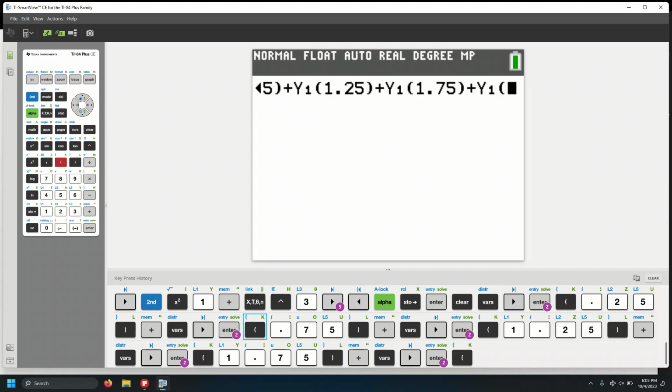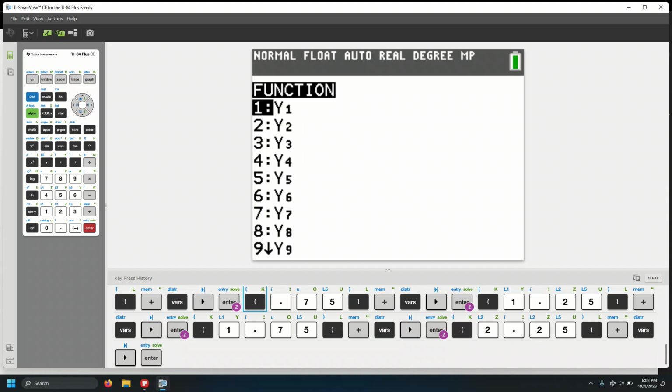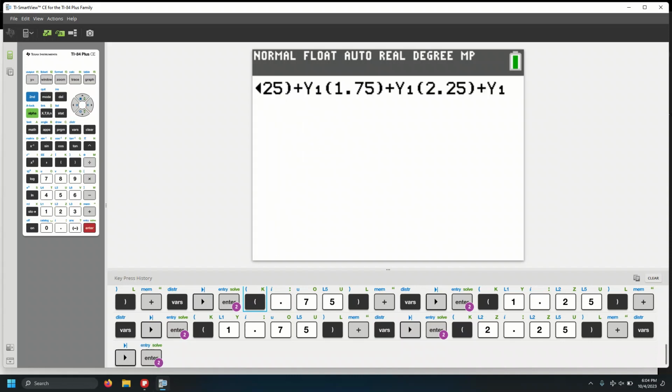So open parentheses to evaluate it at 2.25, close parentheses. And let's add the last term of the midpoint. So that'll be plus y bars function, y sub 1, open parentheses to add the very last midpoint, that is 2.75, close parentheses.